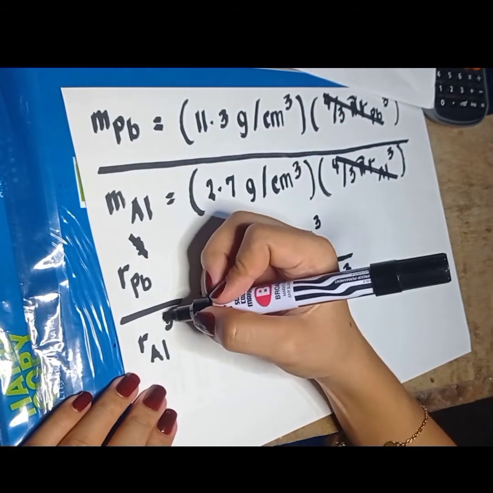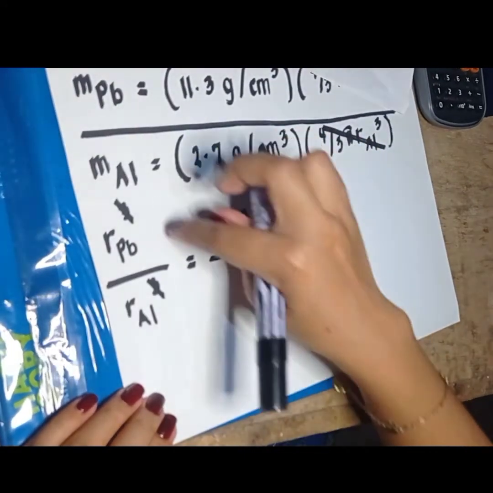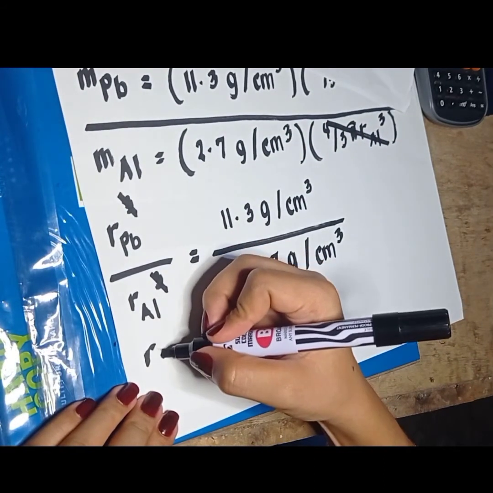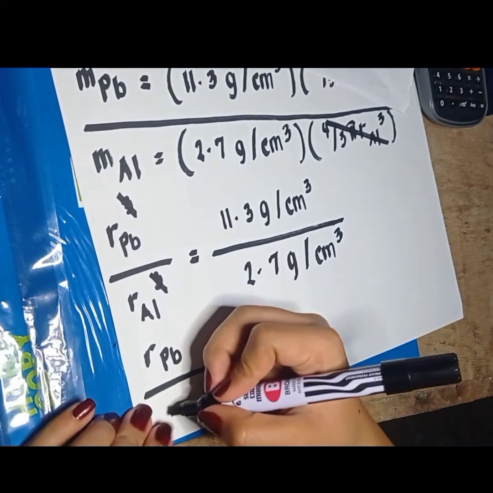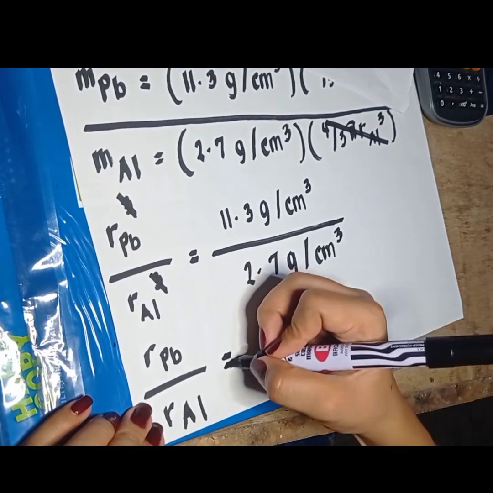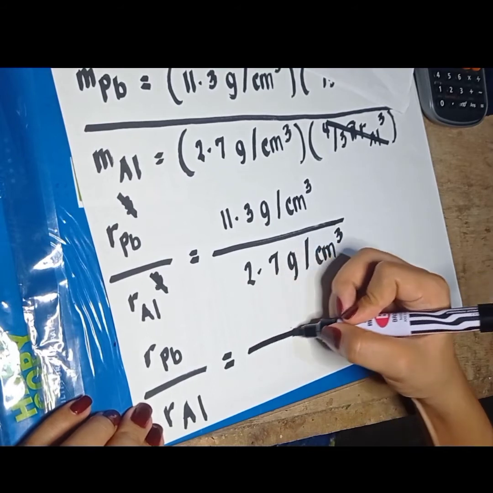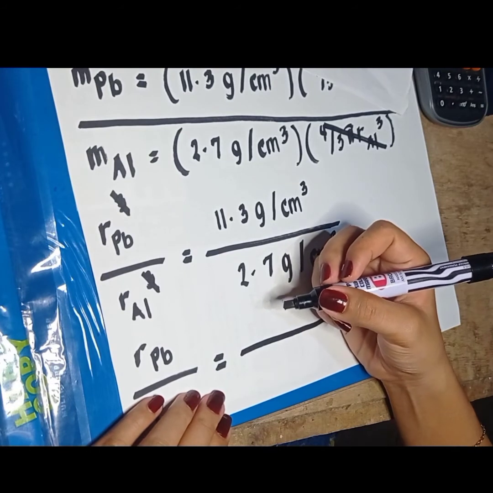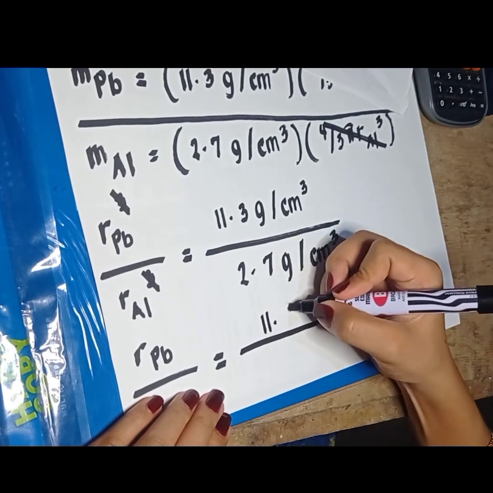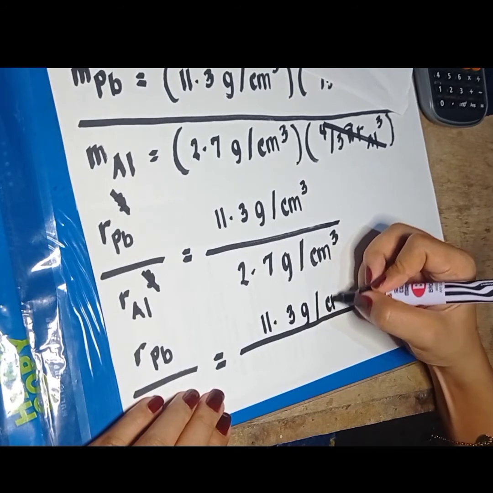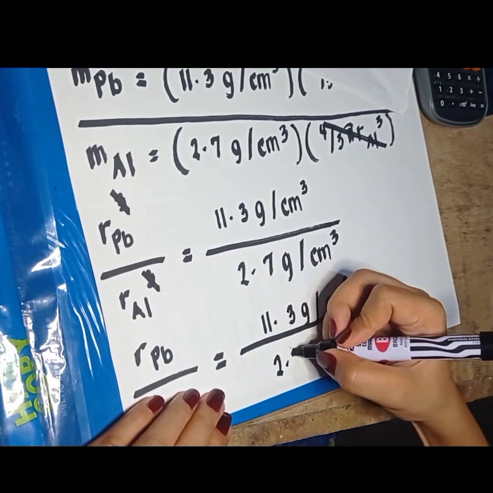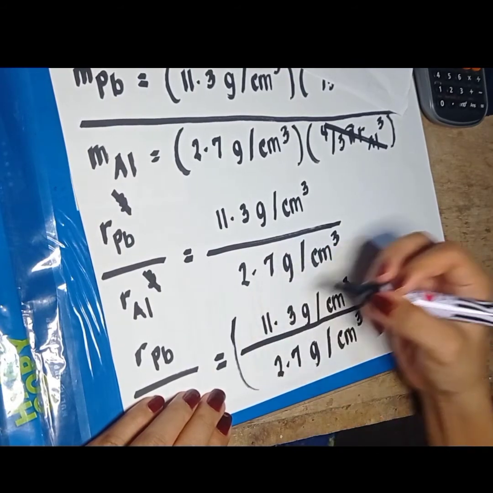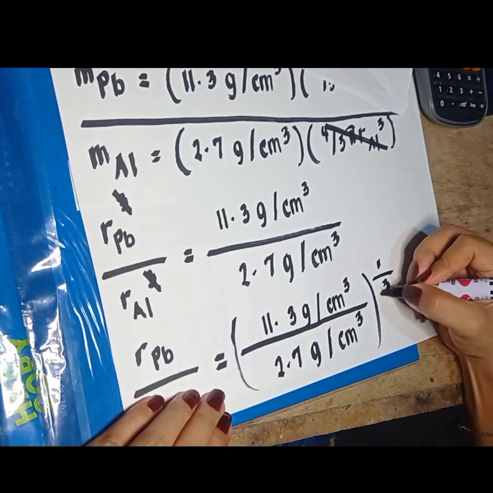Next, we will cancel this. Since we cancel this, the next step will be R, the radius of the lead over the radius of the aluminum, is equal to 11.3 grams per cubic centimeter over 2.7 grams per cubic centimeter, to the power of 1/3.